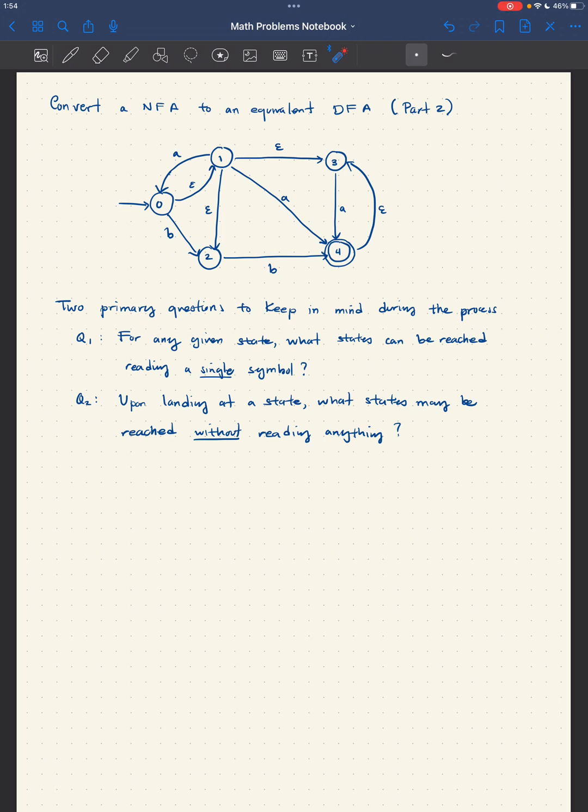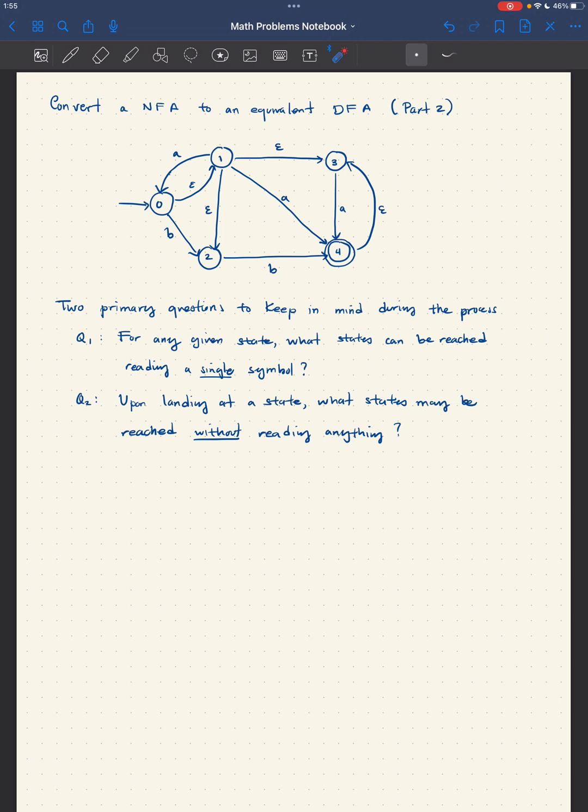If we look at, for example, state 2, we see in this example that we can only reach state 4 by reading the symbol B, as opposed to, for example, state number 1, which upon reading symbol A, we can either reach 4 or state 0. Good. So let's begin.